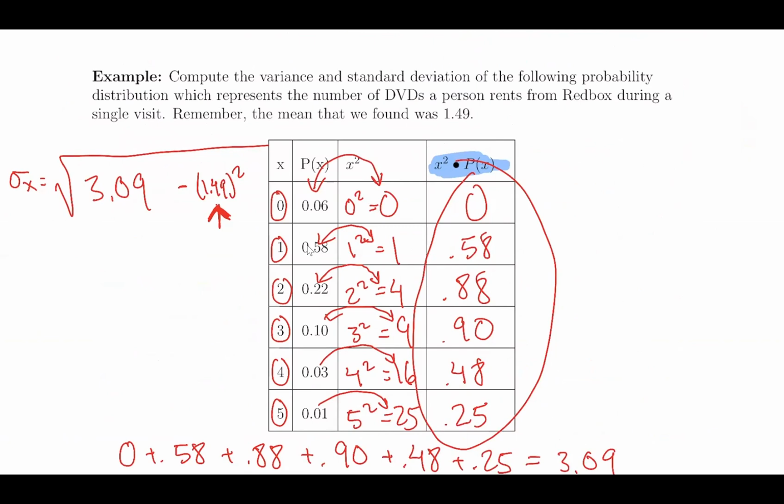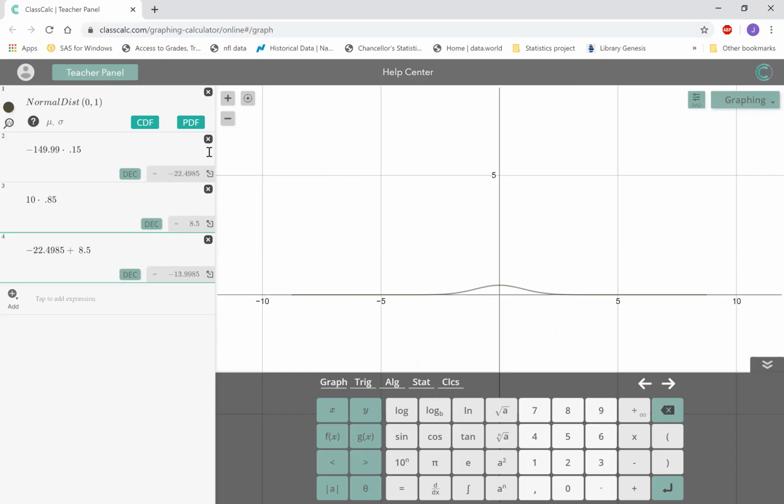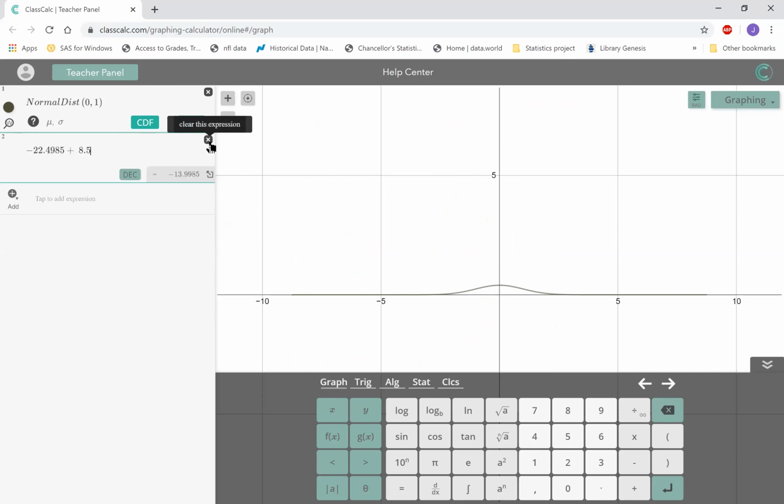All right, so up next I'm going to switch over to the class calc and calculate this. So in the class calc, we'll say square root of 3.09, and we're going to subtract 1.49, and don't forget to square this portion.